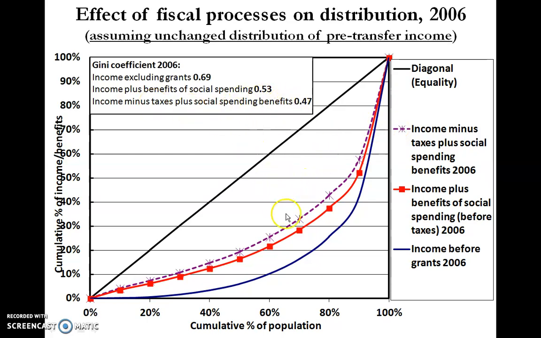When the secondary income is considered, the Gini coefficient is 0.47. So government intervention of taxation as well as social spending has decreased the Gini from 0.69 to 0.47.